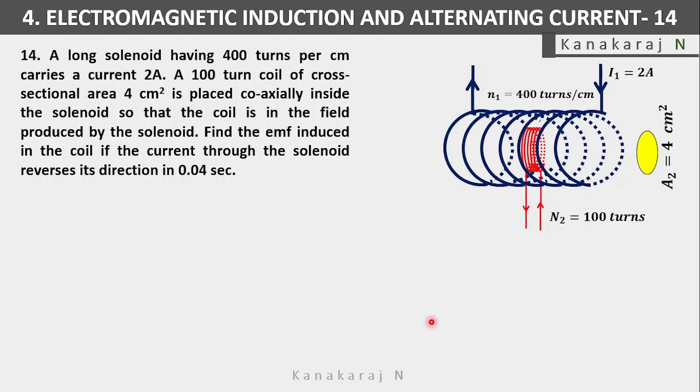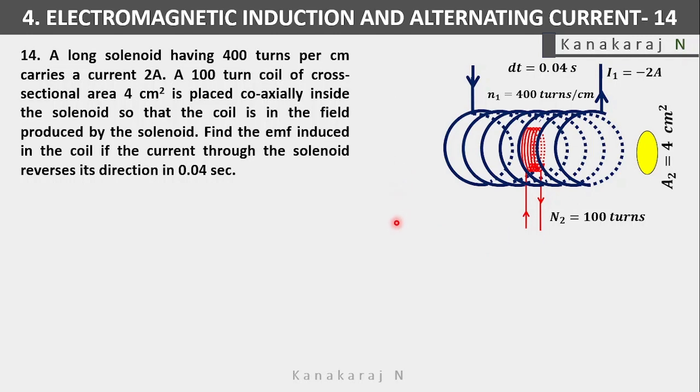Next, look at the direction of current here. In a time dt of 0.04 second, the direction of current is reversed with the same magnitude. So I1 is again 2 ampere, but reversed in direction, so you have a negative sign. The induced EMF in the secondary coil also changes direction.